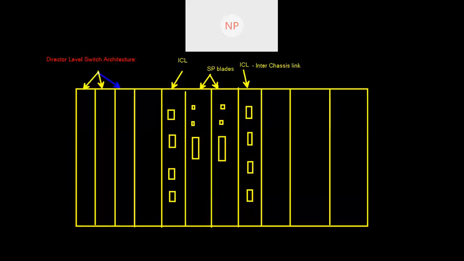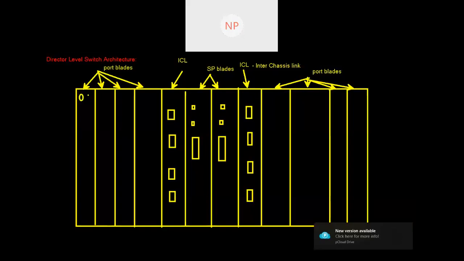I guess we'll have eight port blades in total, four on each side. These port blades contain the actual Fibre Channel ports.